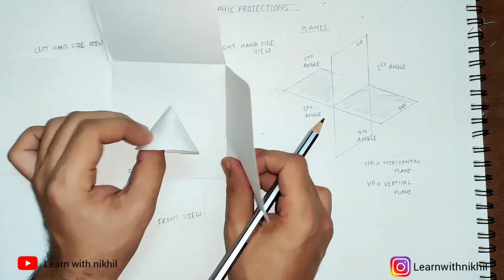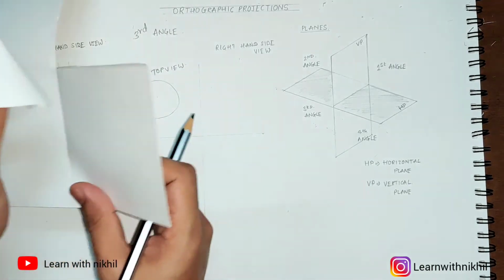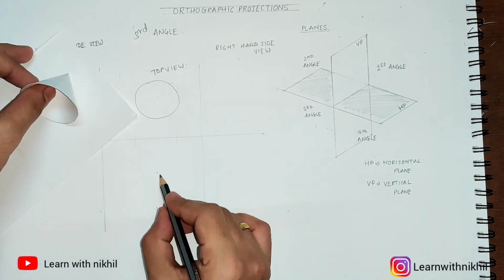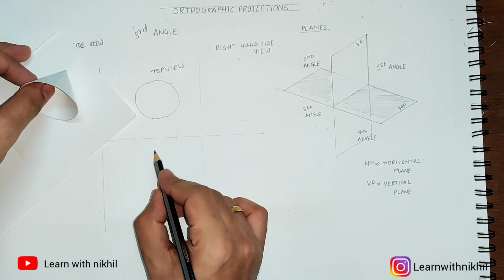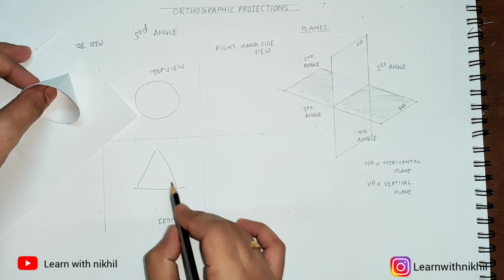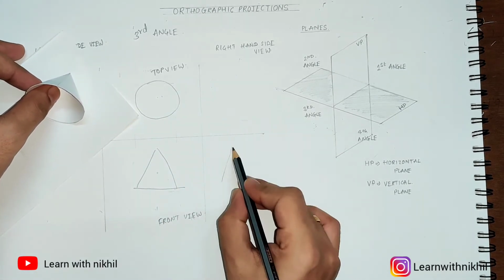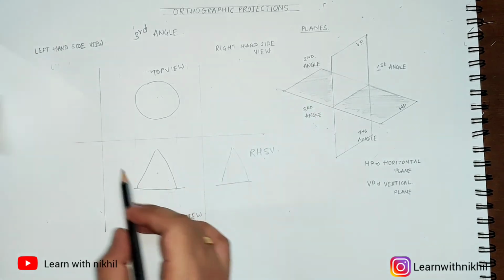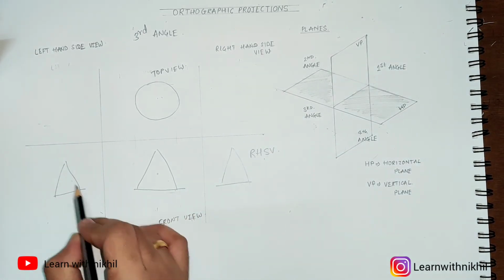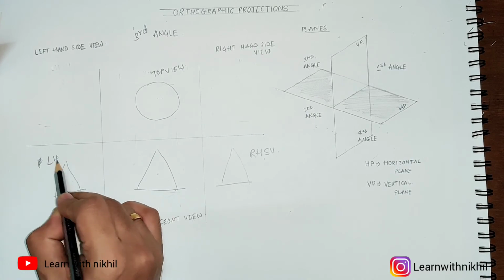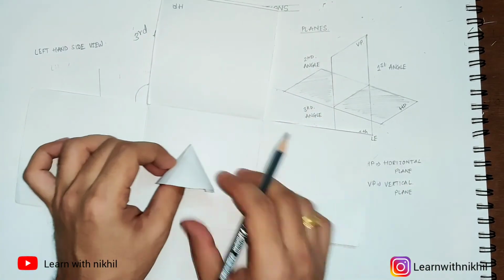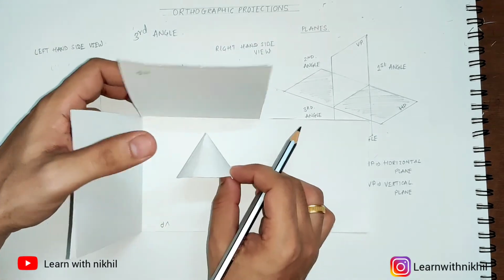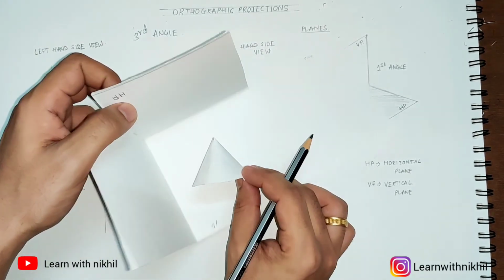Front view will be a triangle which will form on the vertical plane, and same as the LHS view and RHS view triangle, they will form also on the bottom side. So the difference between first angle and third angle is that the front view, RHSV and LHSV form on the bottom side as the vertical plane is below.